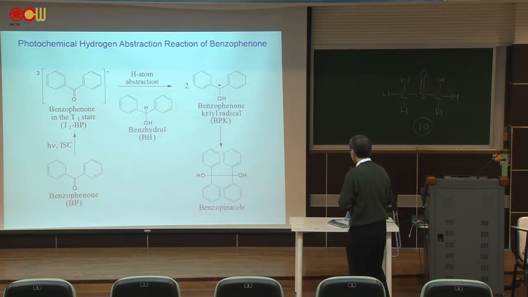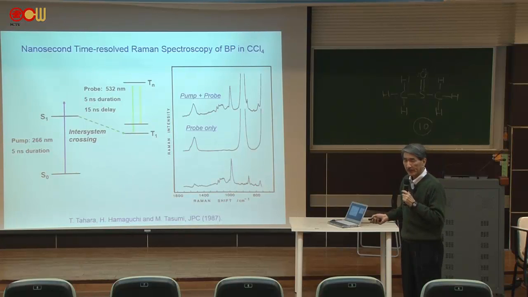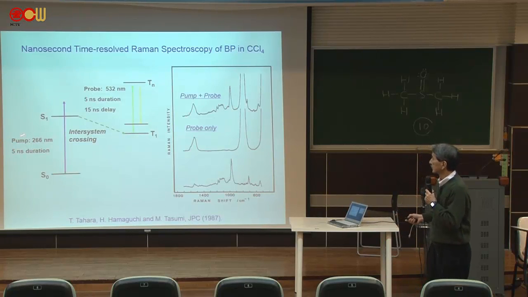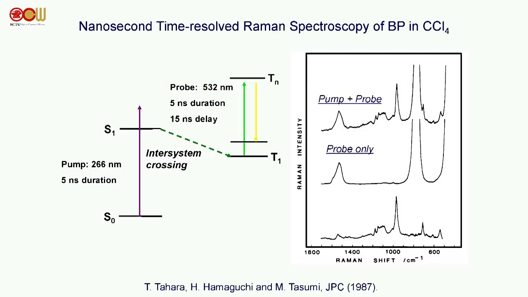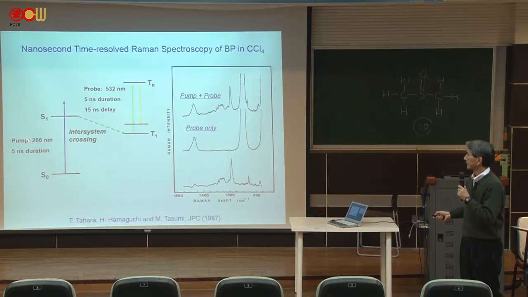So we used time-resolved Raman spectroscopy to look at benzophenone in the excited triplet state. What we did was to use the pump laser, a nanosecond laser, at 266 nanometer with a 5 nanosecond duration. Then the benzophenone molecule is excited to the S1 state.